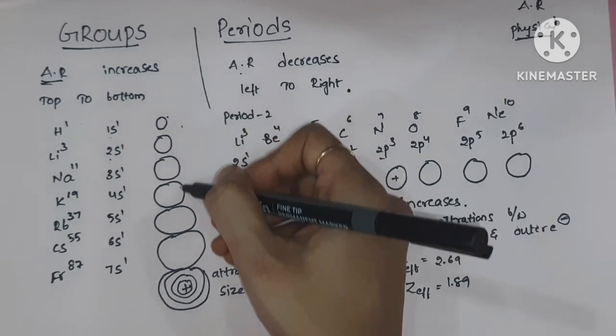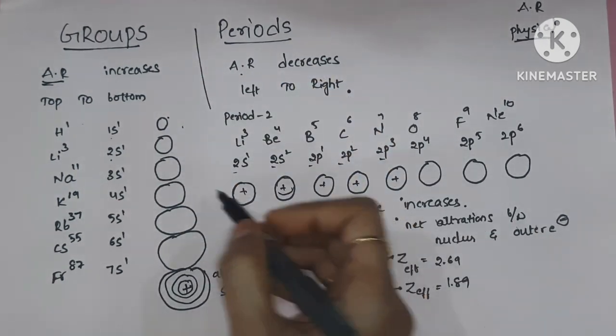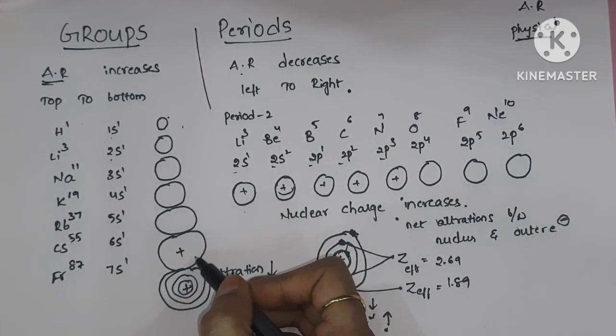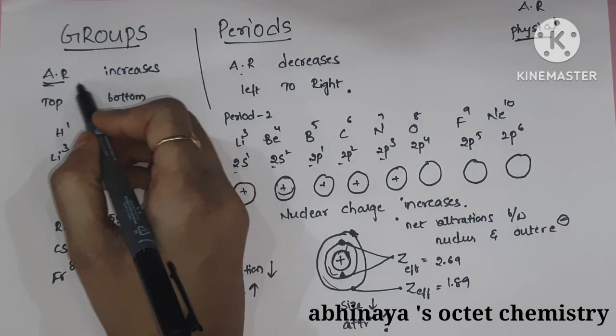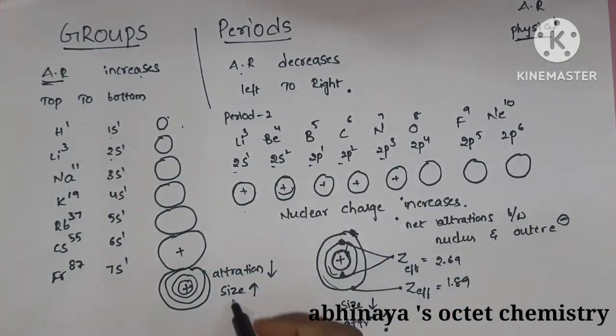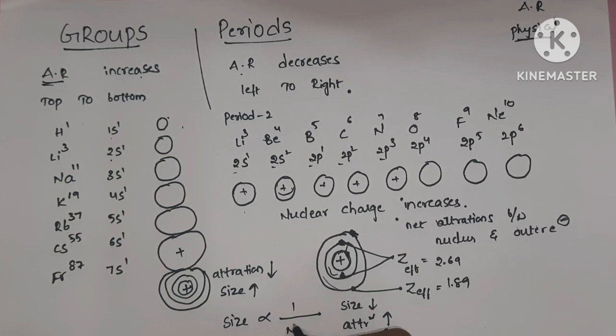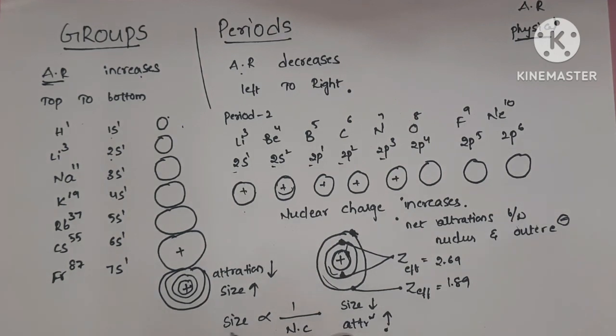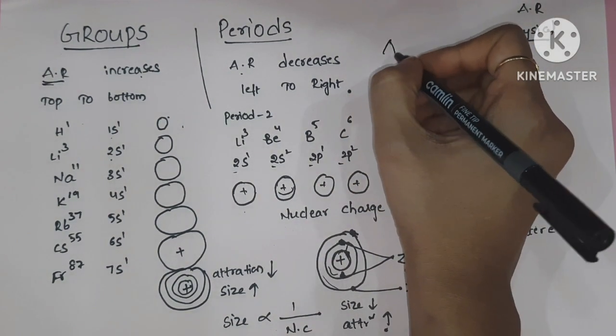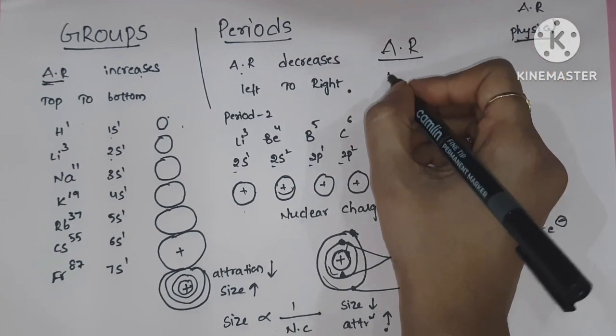In a group, size increases, which means nuclear attraction decreases. Remember, size is inversely proportional to nuclear charge. If the size increases, nuclear charge decreases. If the size decreases, nuclear charge increases. The atomic radius concept depends totally on the nuclear charge.